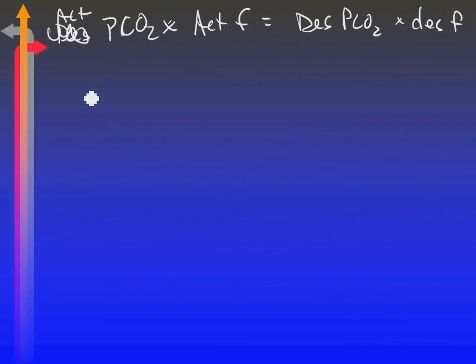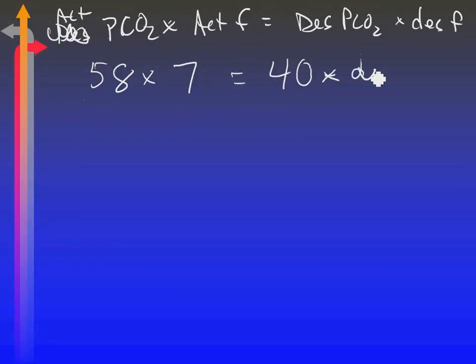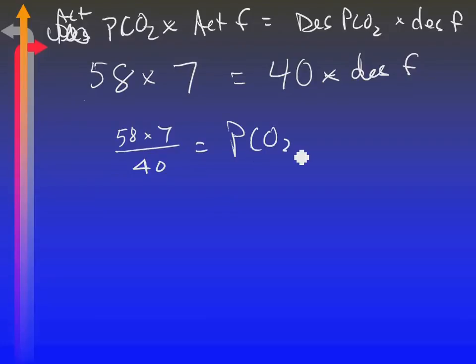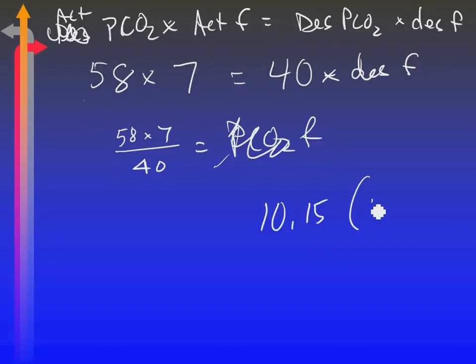So my actual PCO2 was 58 times an actual frequency of 7. I want to drop it to 40 times desired frequency. So 58 times 7, 406, divided by 40. You want to get a rate of 10.15 or figure 11 because you want to go up.